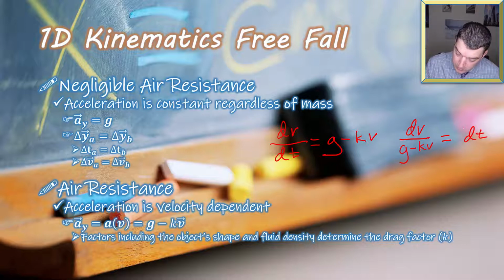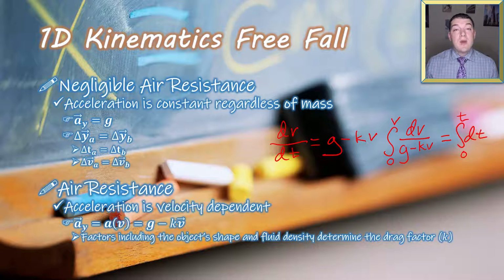Now we can integrate both sides of this, going from time 0 to t, and for this example, we're going to imagine starting from rest, or an object being dropped. We're going to go from an initial velocity of 0, or being at rest, to some final velocity. You'll notice that's not necessarily the terminal velocity.